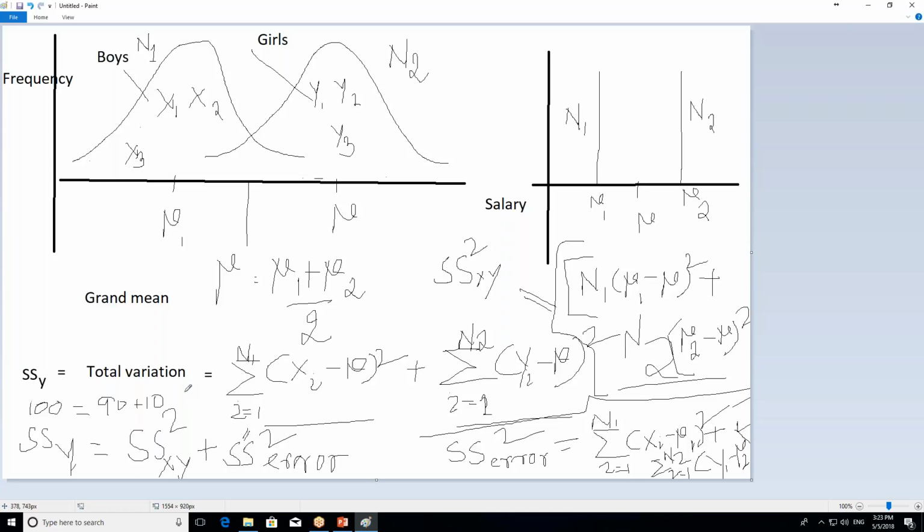So in the total variation, you have to find out which component is prominent. If the sum of square error is prominent, then you stay with the null hypothesis and say both groups are similar to each other.